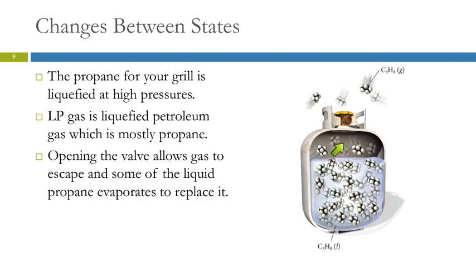When you open the vent, there's a great deal of pressure in here. Those are going to escape. And then molecules that are in the liquid will replace those that were in the gas state. And as the gas comes out, you'll continually replenish the molecules in the gas state by the liquid evaporating.